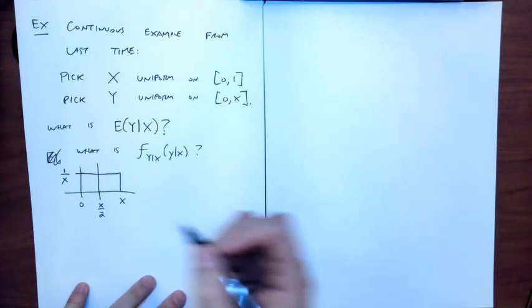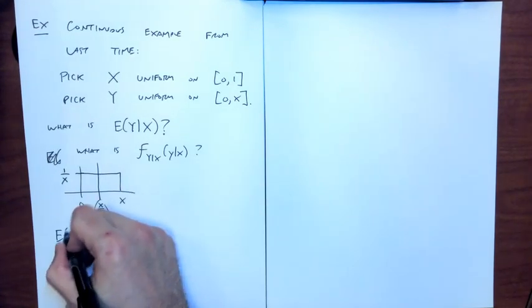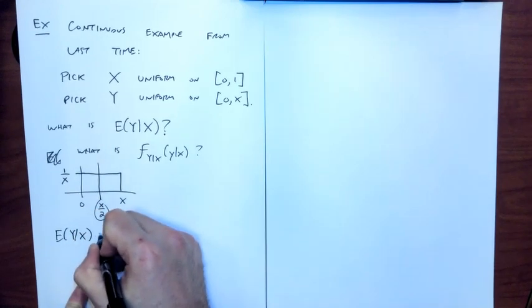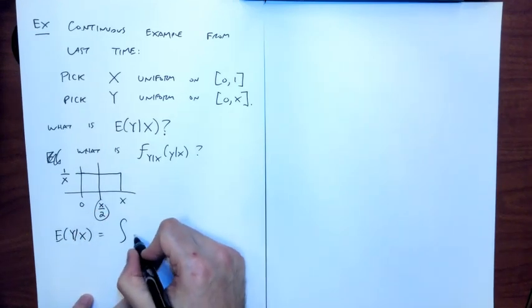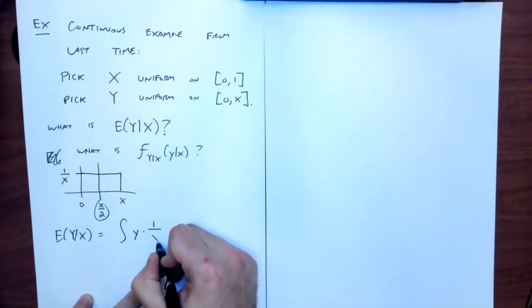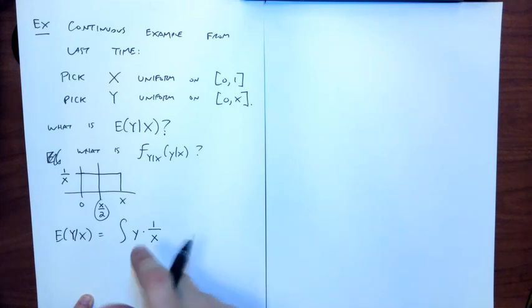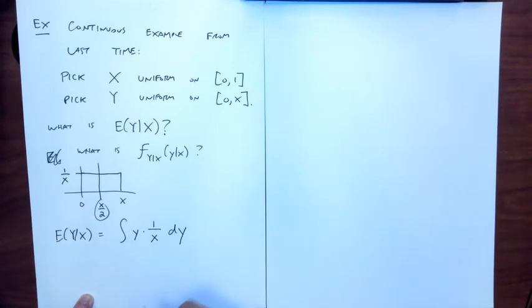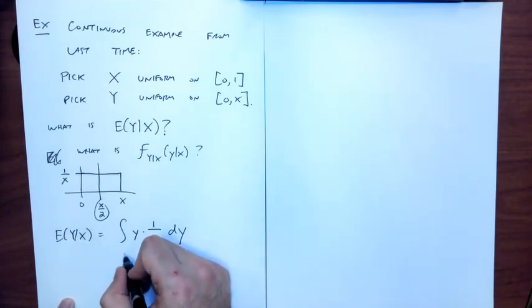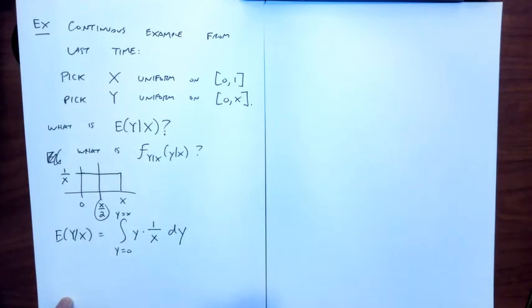I mean, if I wanted to be really pedantic about it, I could say that the expected value of y given x is equal to, I would integrate y times the conditional PDF of y given x dy, right? And y here would range from 0 to x.